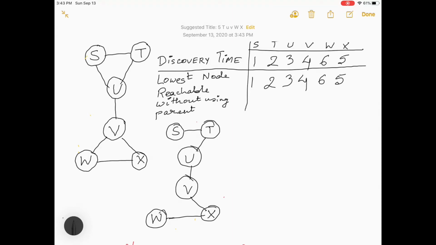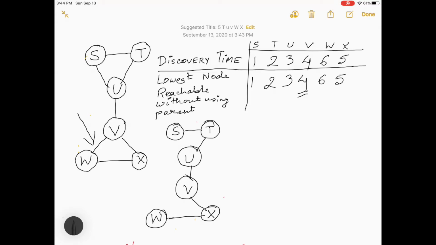So one of the adjacent edges for W is the edge between W and V, and V happens to be one of its ancestors. So we would compare the current lowest node reachable of W and the discovery time of V, and we will take the minimum of those two.